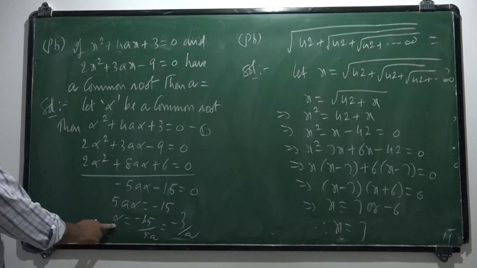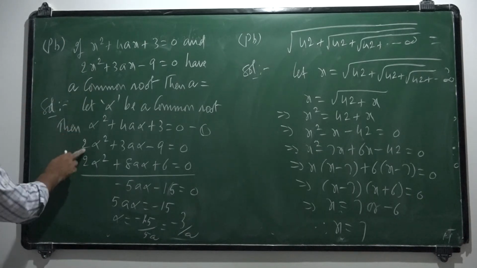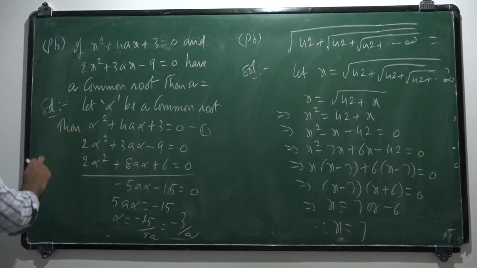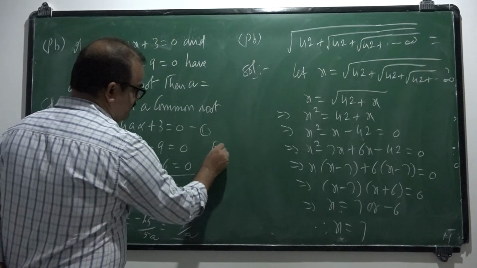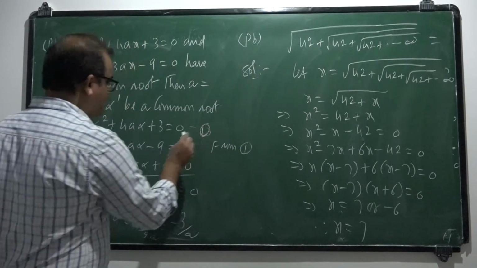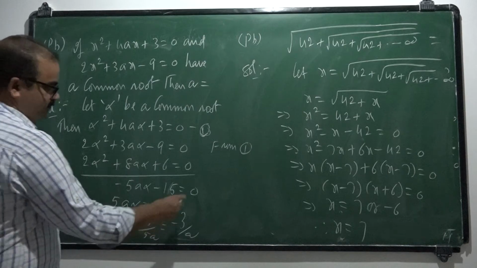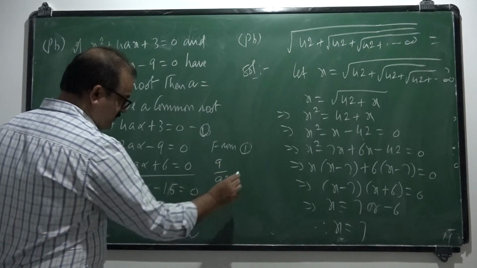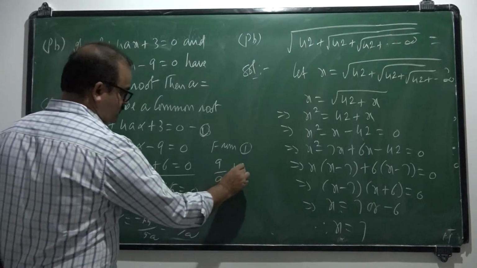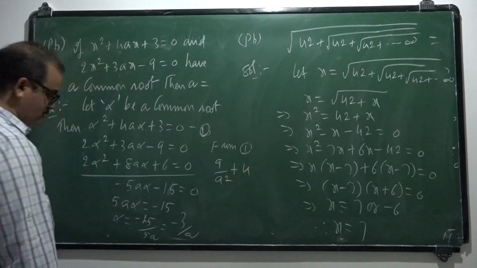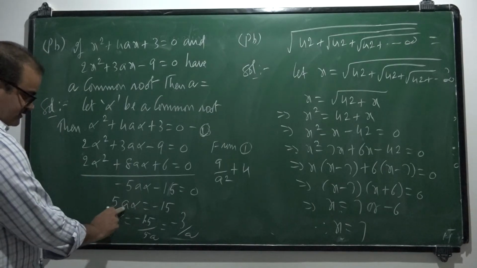Now substitute alpha value in any one of these two equations. First substitute in equation 1. From equation 1, alpha square, minus 3 by a whole square, 9 by a square, plus 4 into a alpha, a alpha is minus 3.